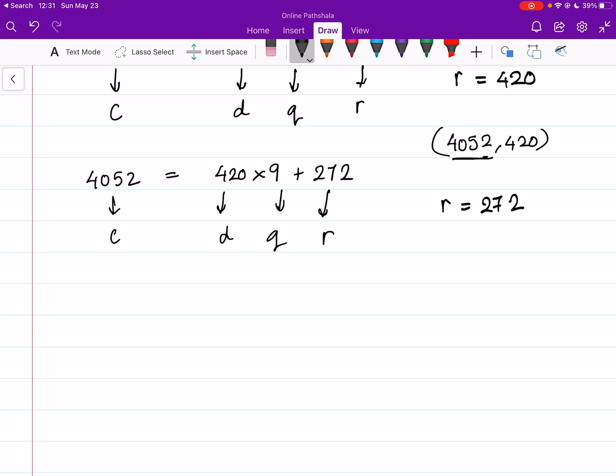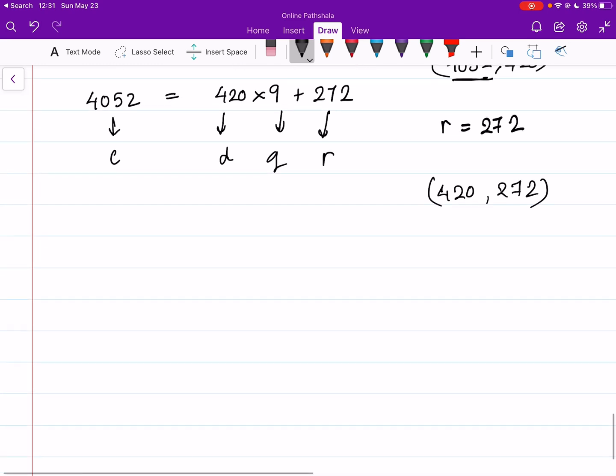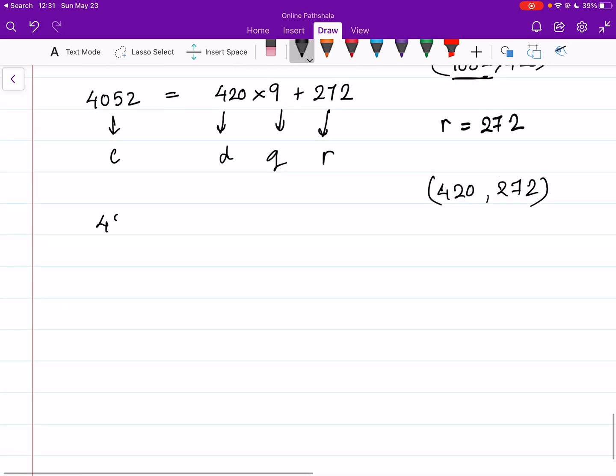So we need to apply the Euclid's division lemma to the numbers 420 and 272. Because 420 is bigger, we say 420 equals 272 times something. If we do 272 times 2, it becomes bigger than 420, so we say 272 times 1 plus 148.